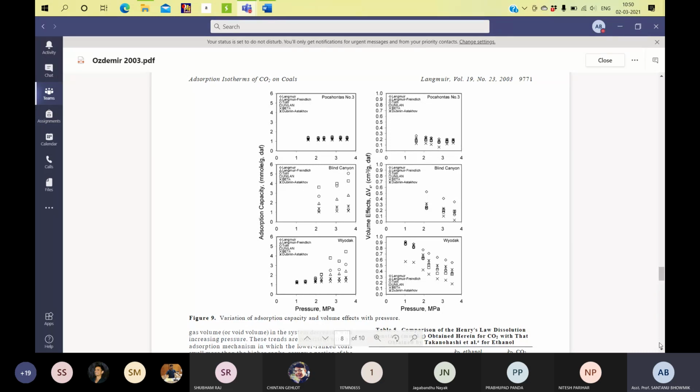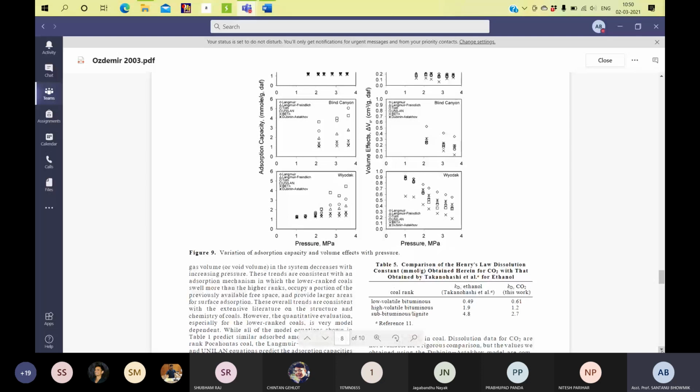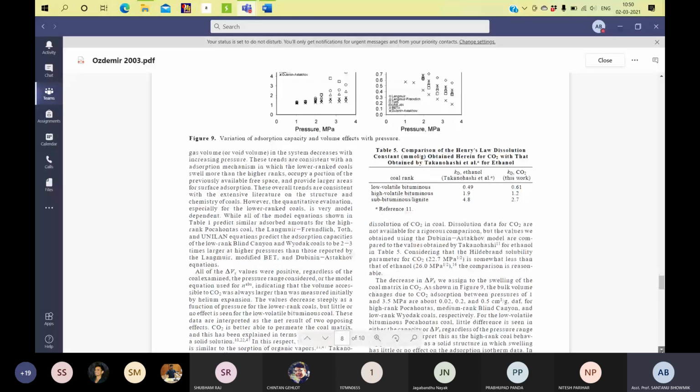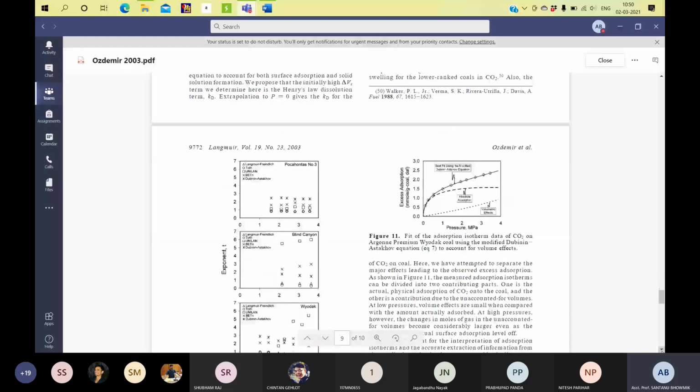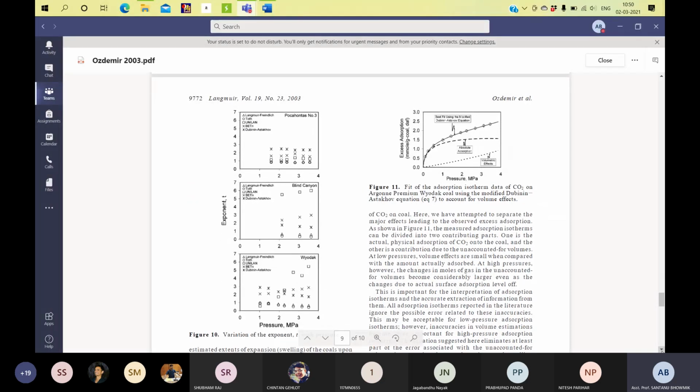That's why the volumetric effect obviously has to be considered. Now, the other important parameter: whenever you take the volume effects into account, they have calculated the excess adsorption and the absolute adsorption also.